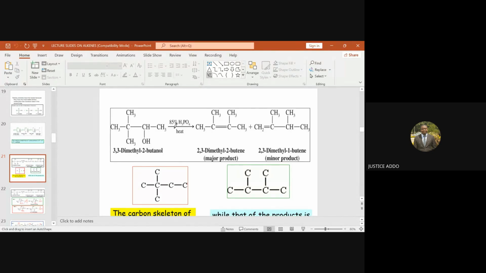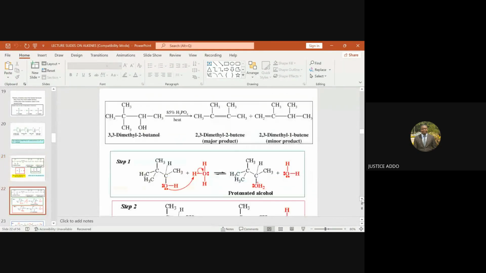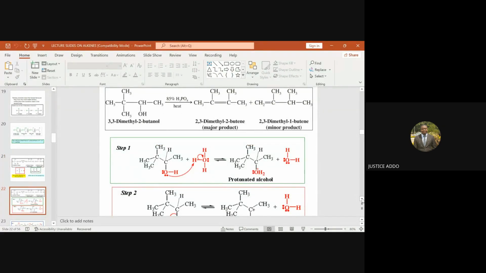So after rearrangement from primary, you can rearrange to a secondary. If you have a secondary, you can rearrange to the tertiary, which is the most stable, before you form your alkene. So the rearrangement is geared towards forming the most stable product.